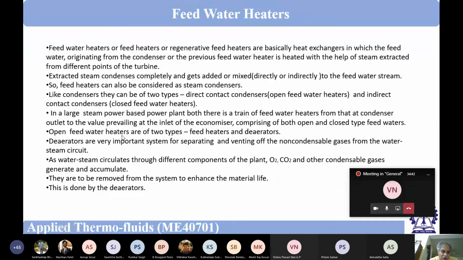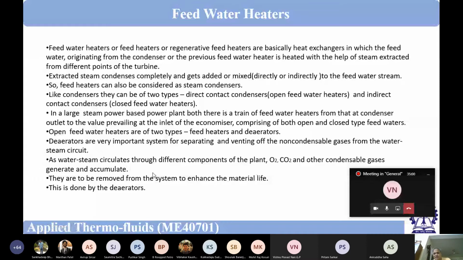Open feed water heaters are of two types: simply a feed water heater, or something which we call a deaerator. We will look into that. Deaerators are a very important system for separating and venting off the non-condensable gases from the water stream circuit. As the water circulates through different components of the plant, a small amount of oxygen, carbon dioxide, and other non-condensable gases is generated and accumulates in the system.